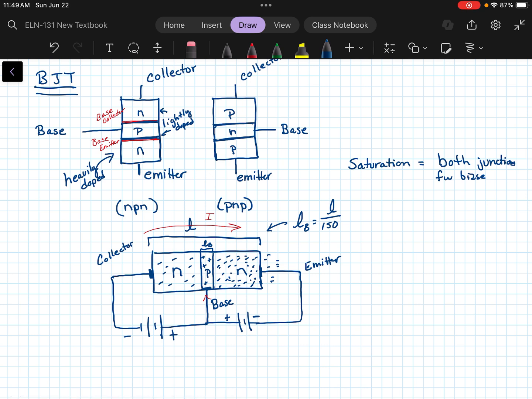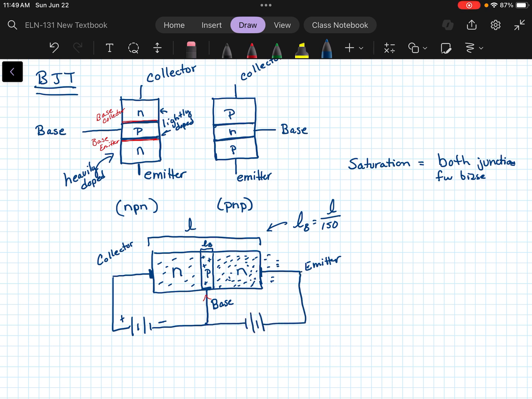Now, we could also bias both of the junctions in the opposite direction, or reverse bias. Reverse bias means we're putting the positive terminal to the N-type material and the negative to the P-type material.